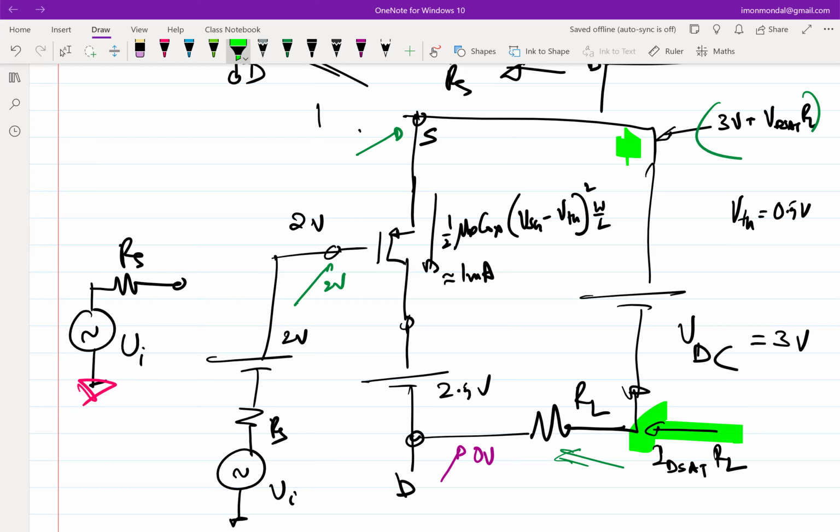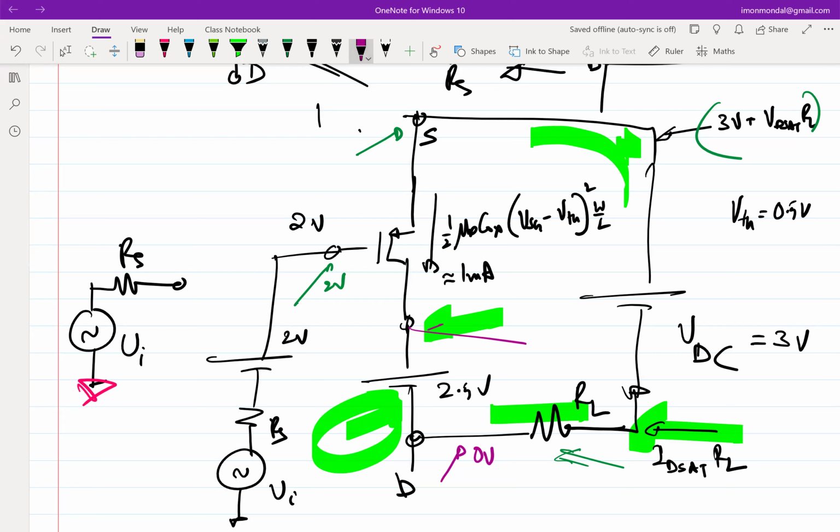But I want RL in the loop anyhow, because ultimately across RL I want the incremental voltage. If I connect the RL here, you have a problem. If I connect RL here, you have a problem. Maybe the only place to connect is somewhere here. I wouldn't want to connect it here because again we have the same problem. We want the 2.5 volt battery referenced to ground. All the batteries should ultimately be referenced to ground. Then the only place where I can add the RL is here. Anywhere in the loop should be fine.